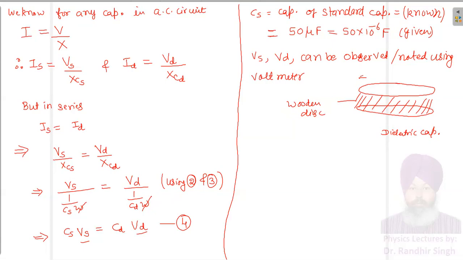This is the diameter, capital D. Let the separation between plates be small d. It is clear from the figure that small d is equal to the separation between plates, which is equal to the thickness of the wooden disc.